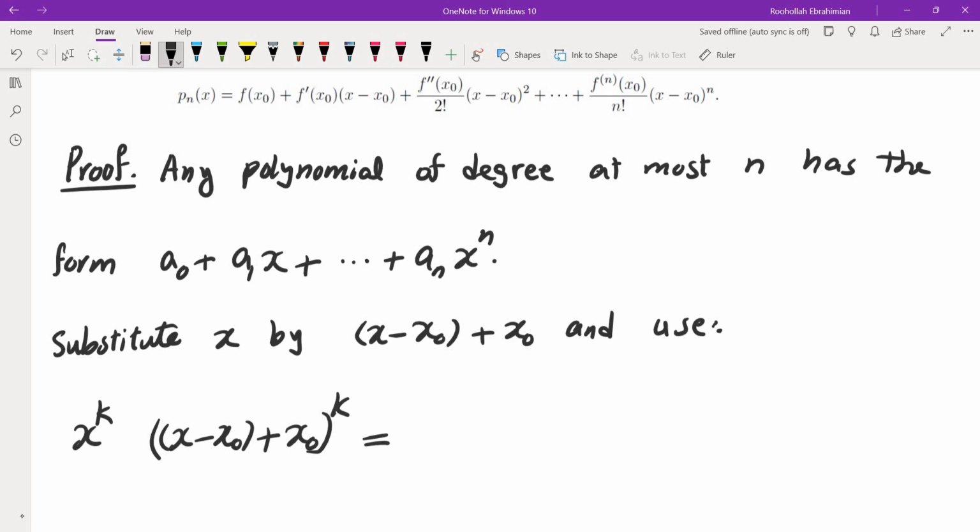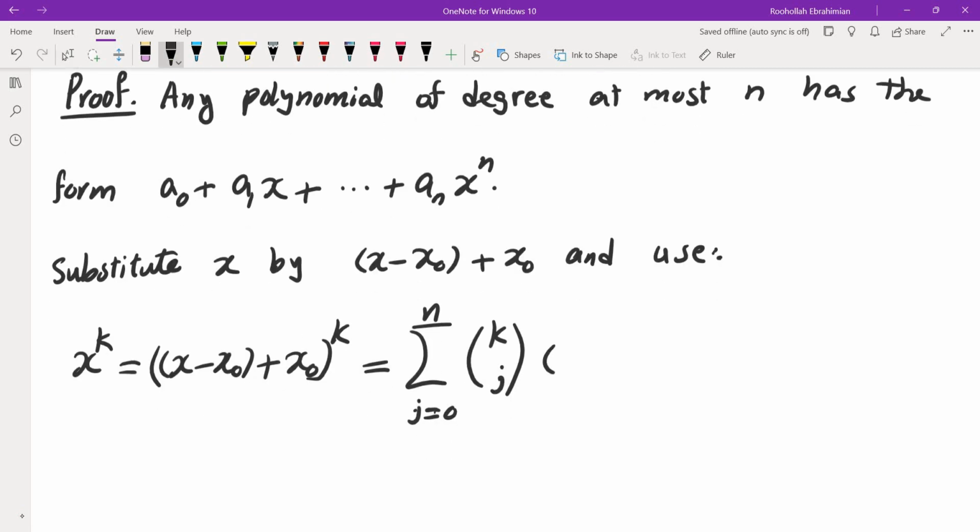This would give you the sum over j equals 0 to k of k choose j times x minus x0 to the power of j times x0 to the power of k minus j.